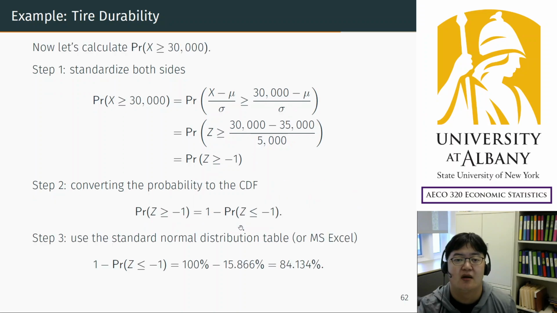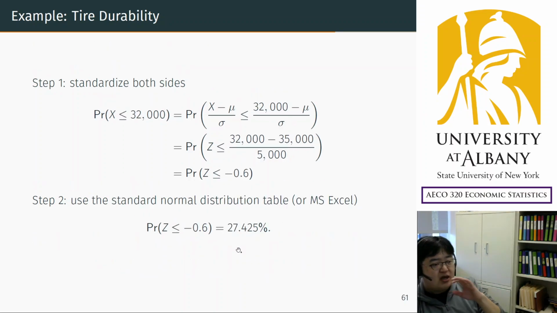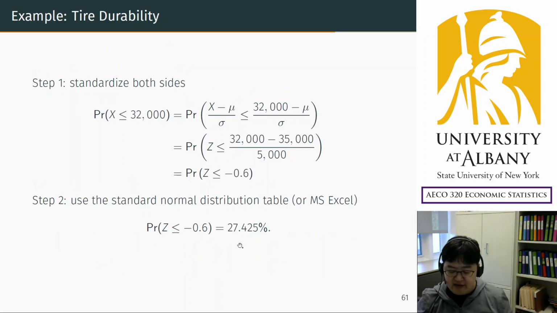Okay? So so far we have finished one full step. We learned that the CDF, the cumulative distribution, is what we are going to use to calculate the probability for a continuous random variable.